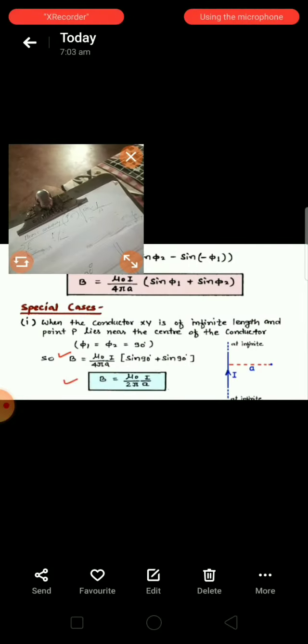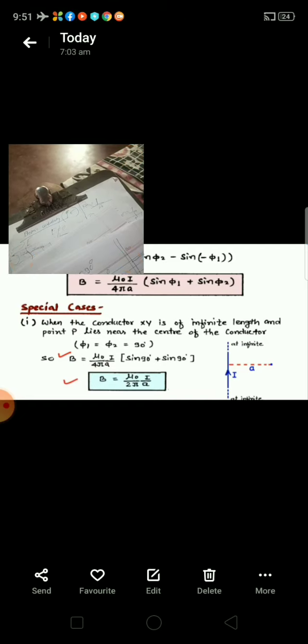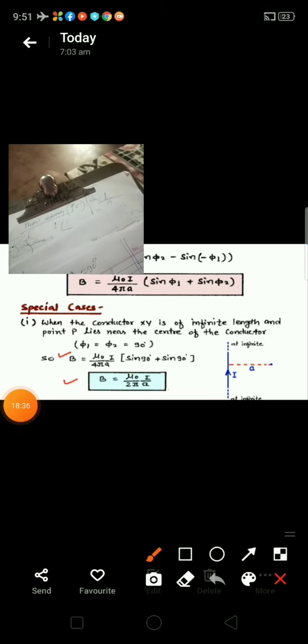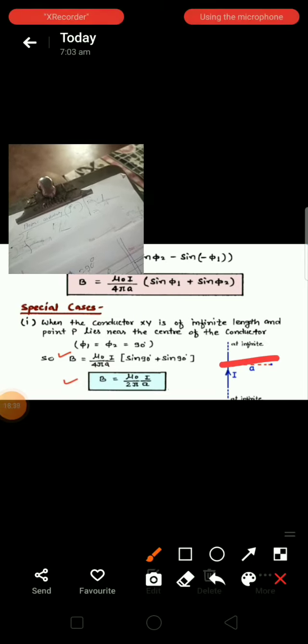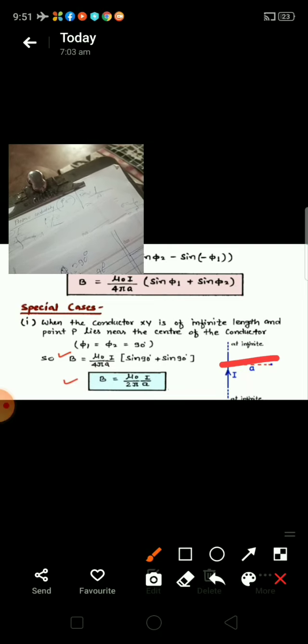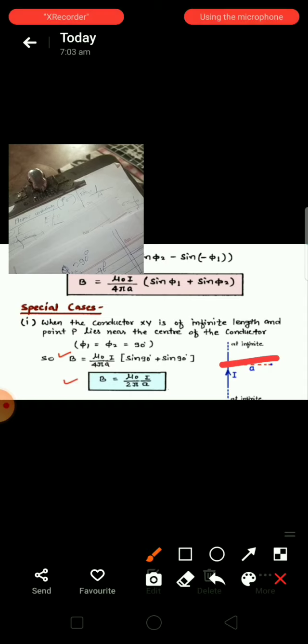This is the expression when the conductor XY is of infinite length and point P lies near the center of the conductor. Here phi 1 and phi 2 are 90 degrees, so we get mu naught I divided by 2 pi a.